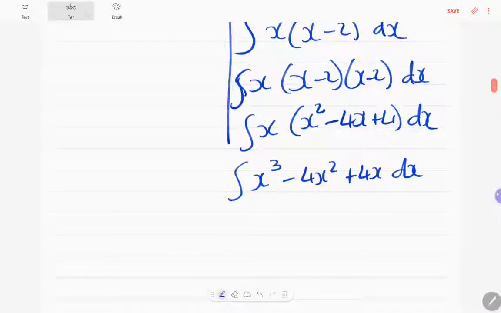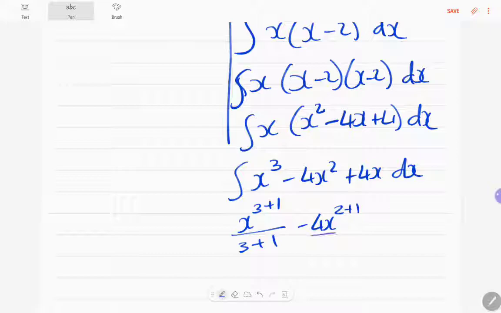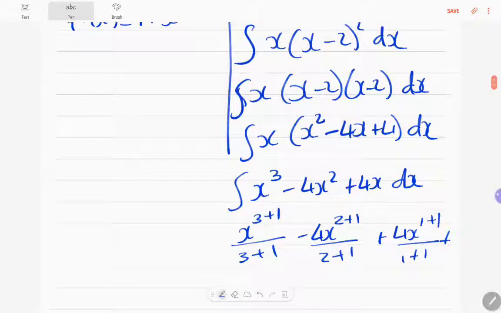We can now integrate. This will be x to the power 3 plus 1 all over 3 plus 1, minus 4x to the power 2 plus 1 all over 2 plus 1, plus 4x to the power 1 plus 1 all over 1 plus 1, plus c.